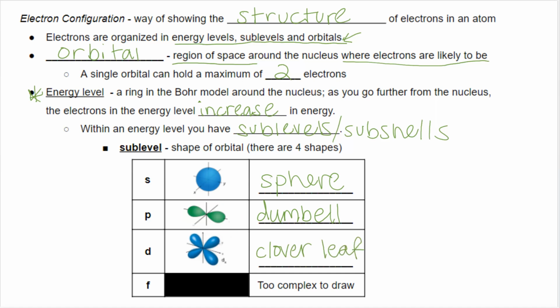And then our fourth type of sublevel is called the F-type sublevel, but it has all sorts of weird and crazy shapes, and they are very, very complicated to draw out. We don't really draw them. They're too complicated to draw by hand. The way that we look at what F sublevels look like is we use computer modeling, computer simulations to simulate and predict what those shapes might look like. Does anyone have any questions on this slide?